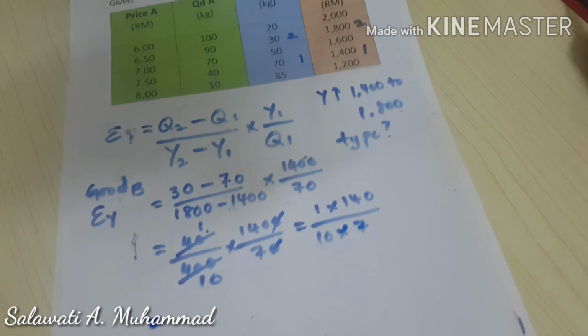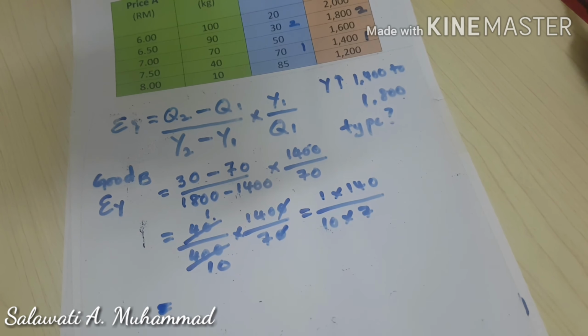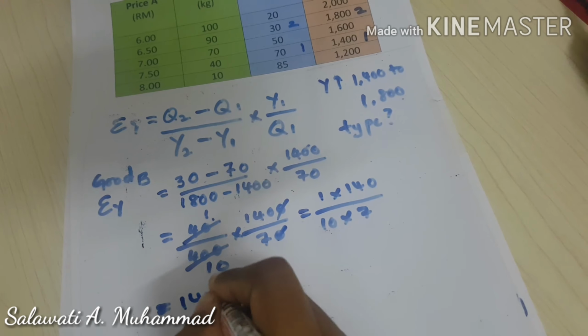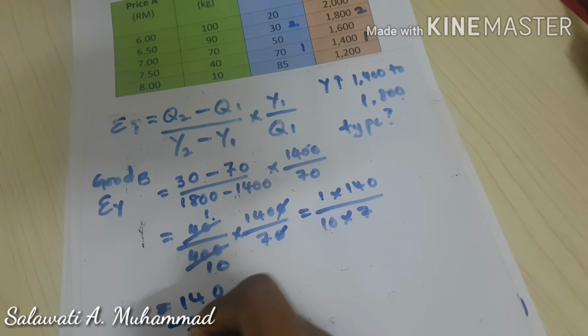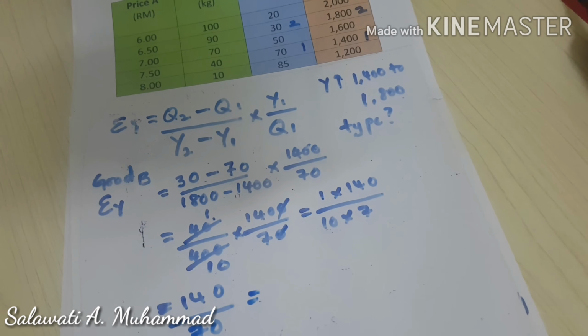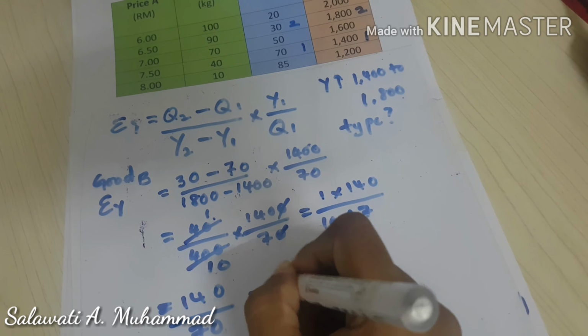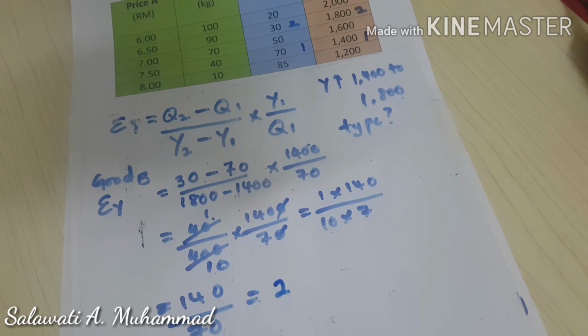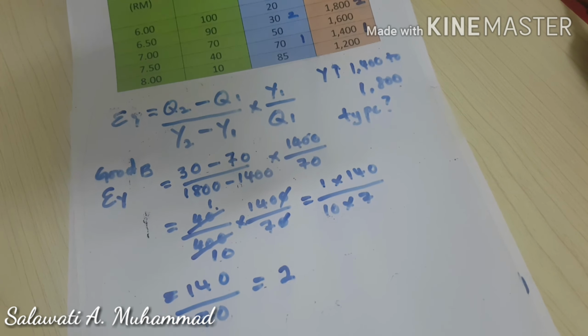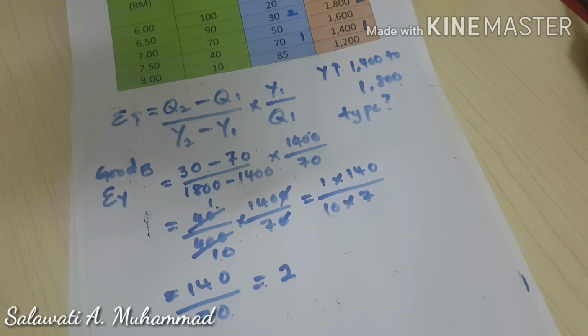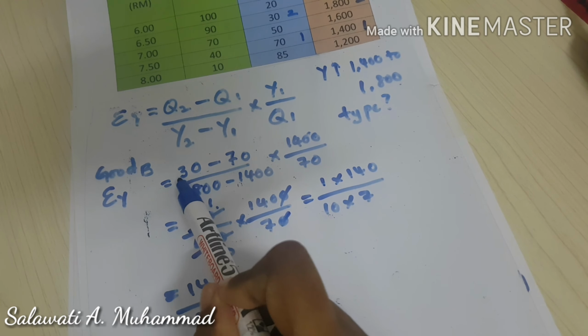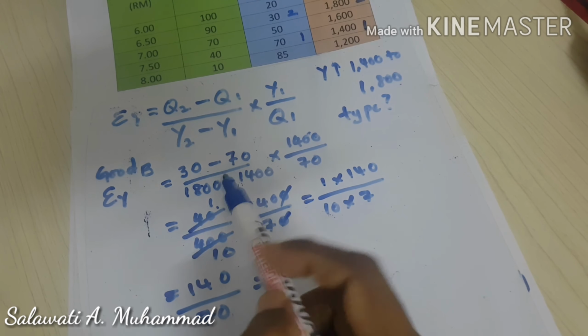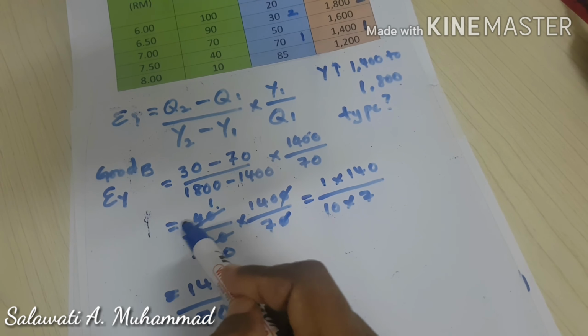So we got 140 over 70, 2. Okay, we have some mistake here. 30 subtract with 70, we got negative 40.